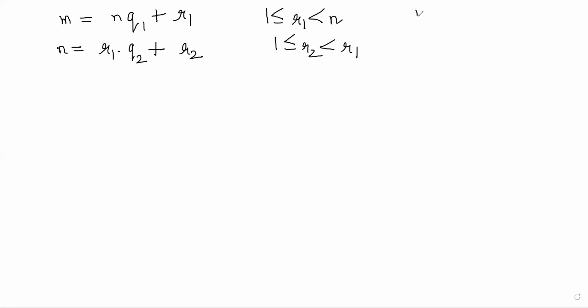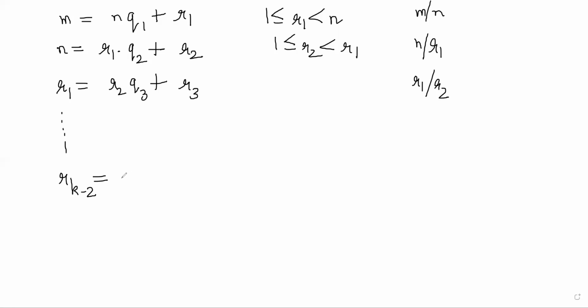So what are we doing? First step was m by n. Second step was n by r1. Third step will be r1 by r2. Third step will be this. So we'll write it like this: r1 is equal to r2 q3 plus r3, right? Correct. So similarly, we'll keep doing it till we reach this stage. Rk minus 2 is equal to Rk minus 1 q of k plus Rk, right?